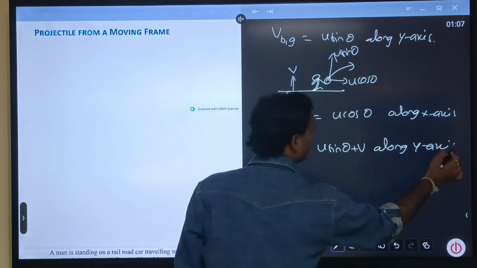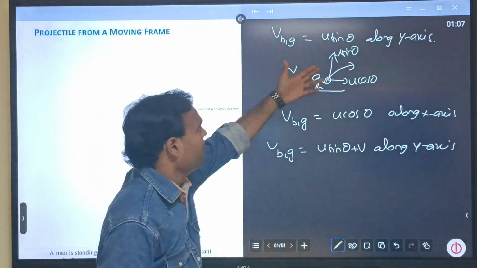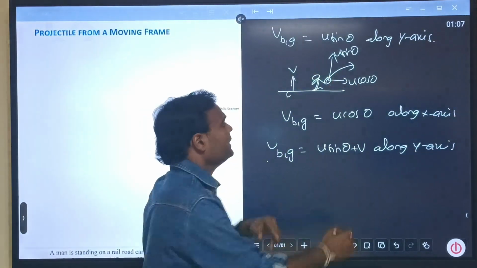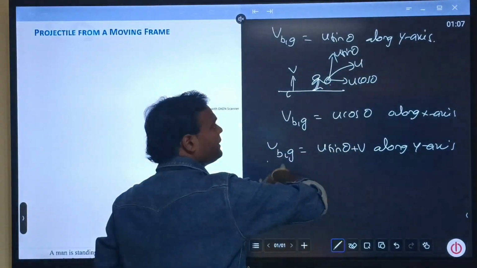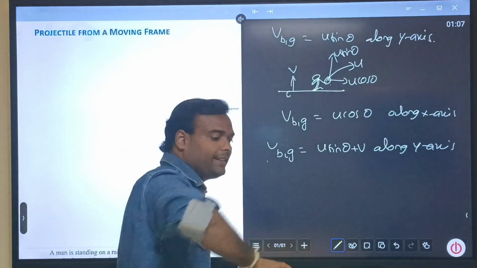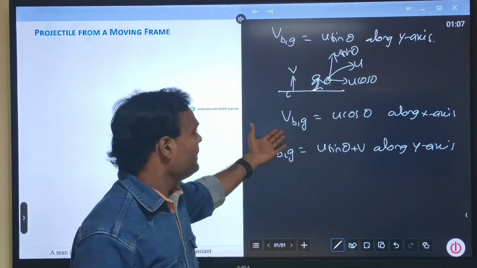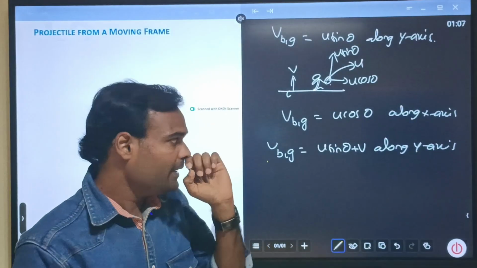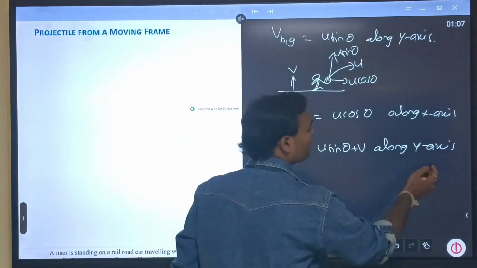I hope you understand very clearly, because here it is having two velocity components. Velocity of ball with respect to trolley is u, and trolley itself is having velocity v. So ultimately velocity of ball with respect to ground along the vertical direction is u sin theta plus v.